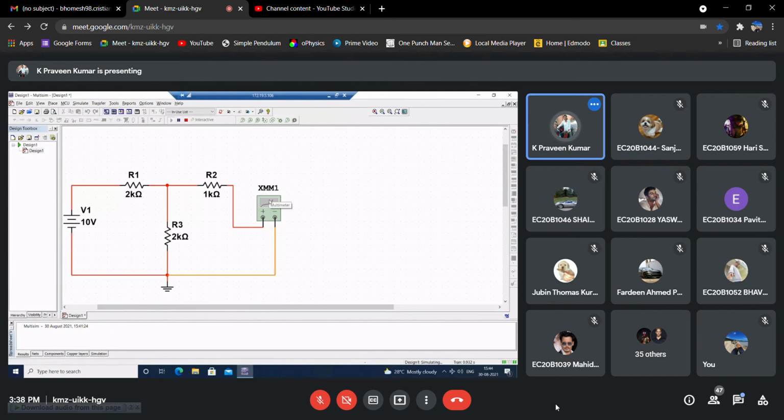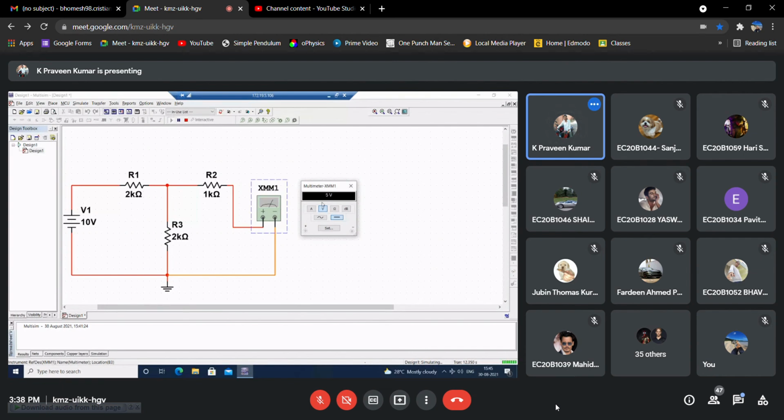Now you see, the open circuit voltage is 5 volts. So this is VTH.